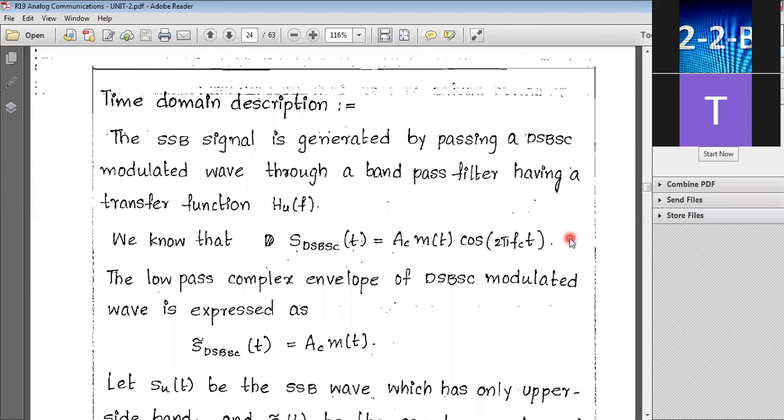Up to now, you know the techniques of AM and DSB-SC, and block diagrams of AM and DSB-SC. To generate DSB-SC, after the product modulator, we have a low pass filter.